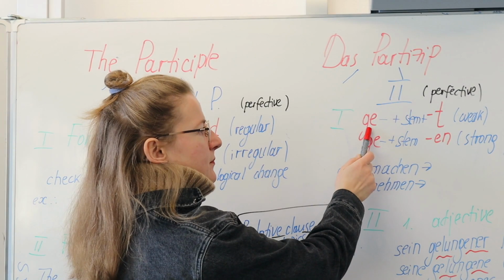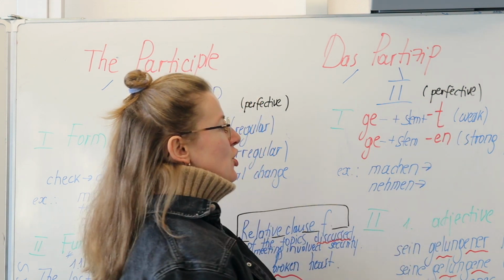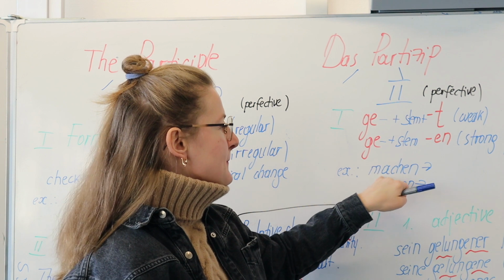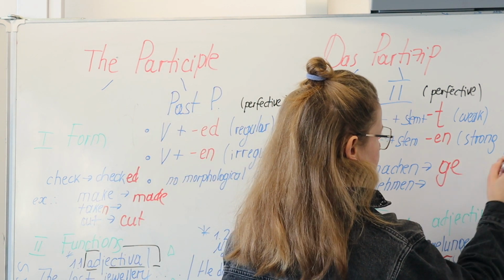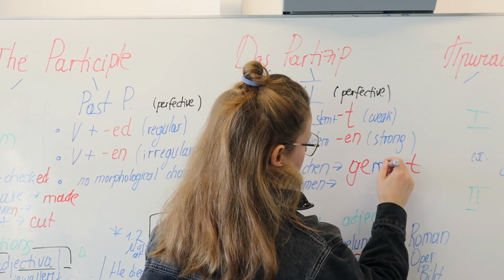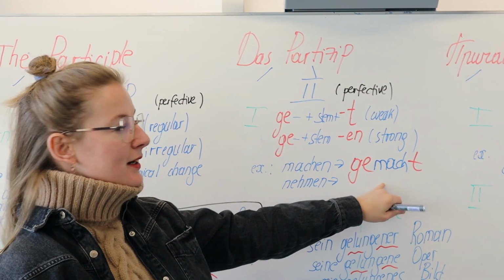It says ge, then the stem of the verb and the suffix t for the so-called weak verbs like machen. So, ge-macht, machen, gemacht.